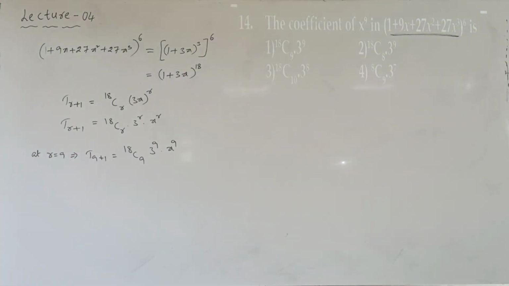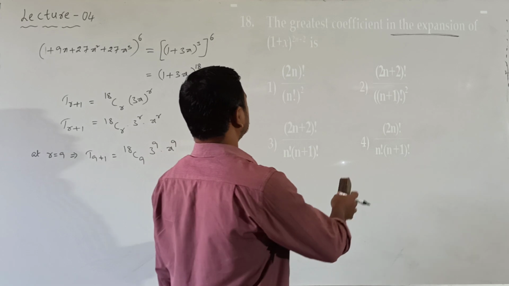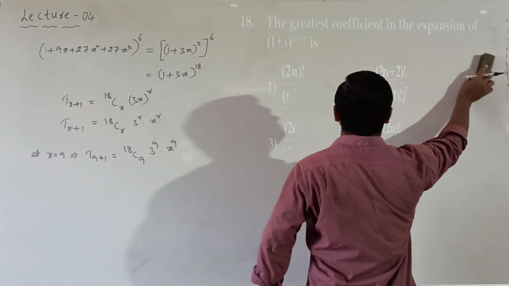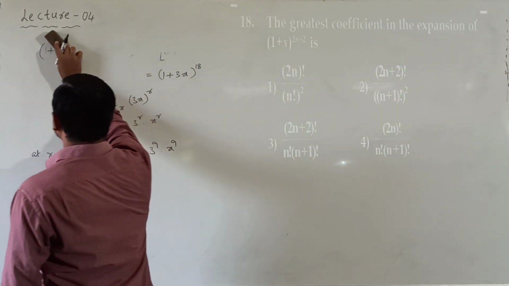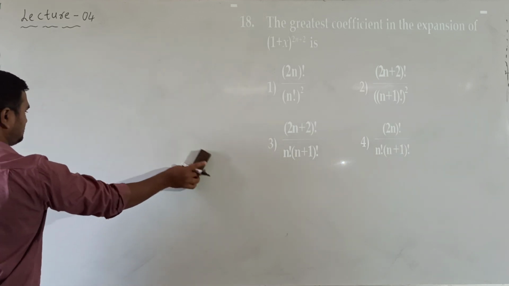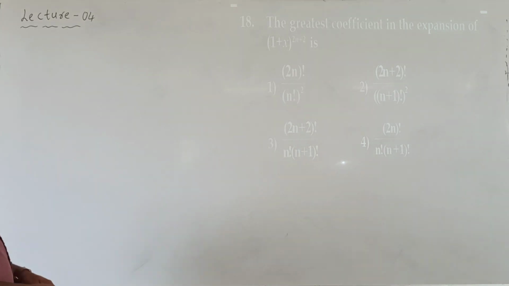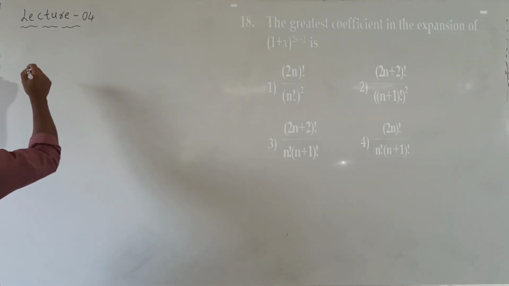Now see the next one. The greatest coefficient in the expansion of (1 + x) whole power 2n + 2. Now in this expansion we have to find the greatest coefficient.